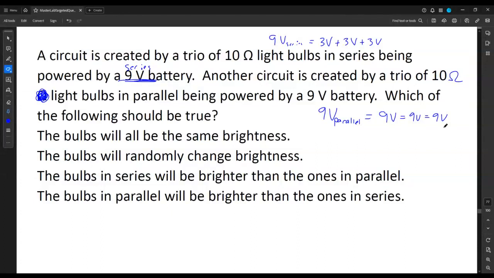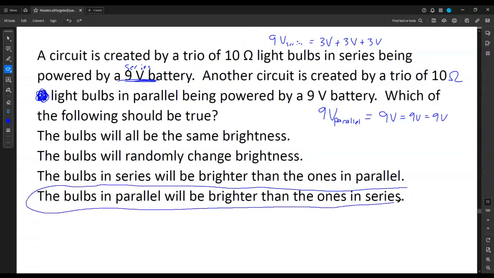Basically, it's like running several circuits next to each other, which is where the name parallel comes from. So if we think about this here, each light bulb is going to see 9 volts here. So it's going to see more potential. It's going to try to push more current across that light bulb. And so pushing more current across that light bulb means that it's going to be brighter. So, oops, I missed on my circling. So the bulbs in parallel are going to be the brighter ones.